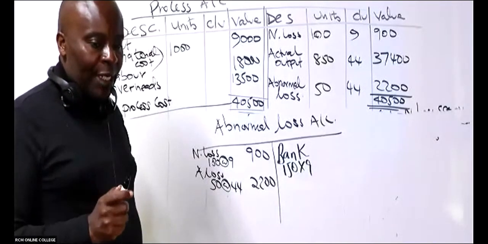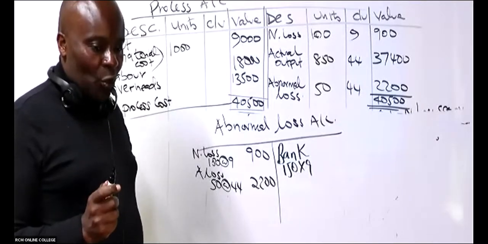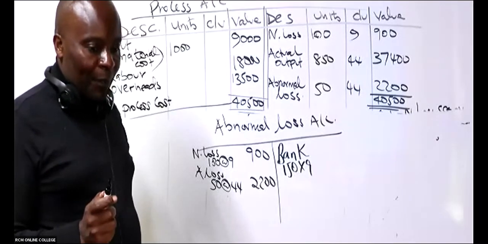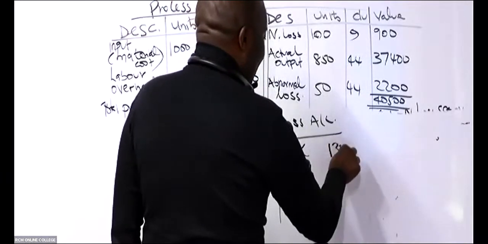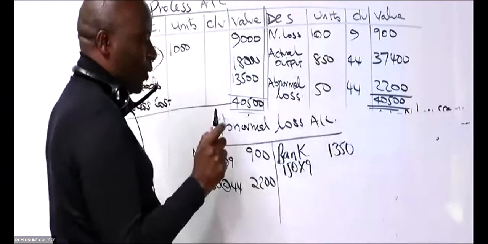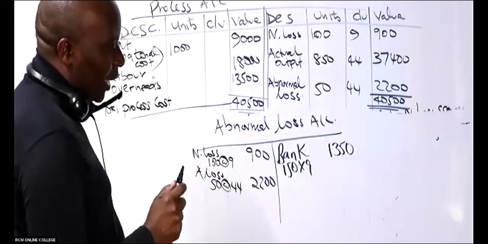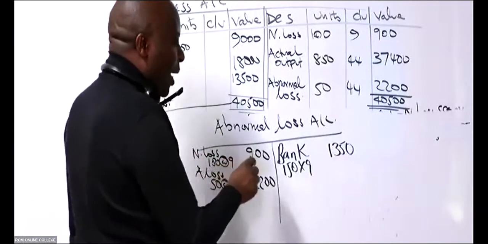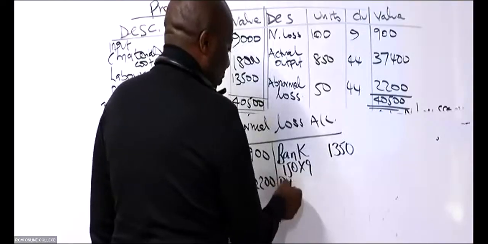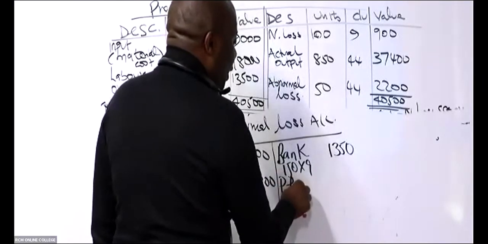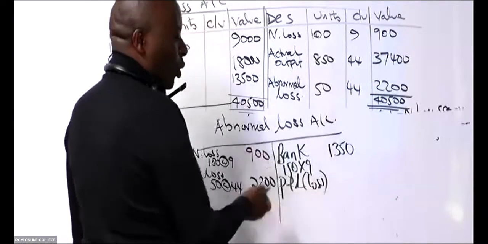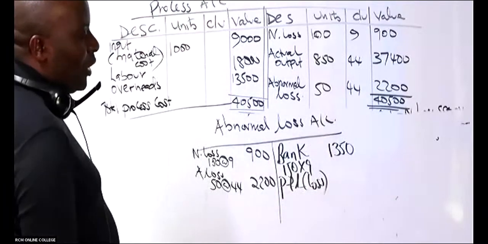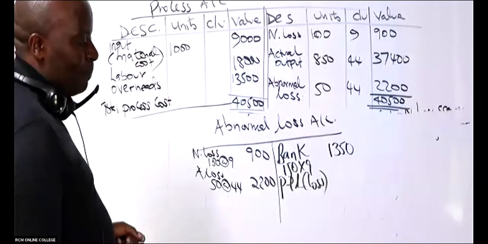So 150 times 9. I'm being given a figure of 1,350. So meaning that this will be a loss, and we shall take the loss to the P and L. The loss on disposal will be the balancing figure.